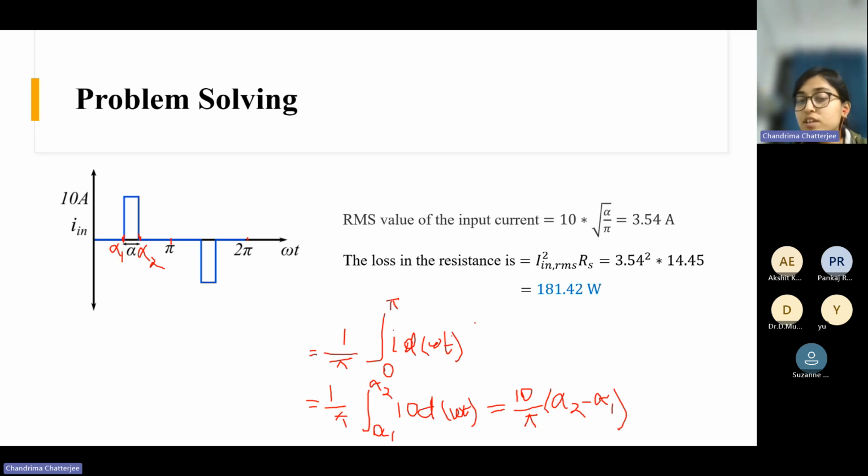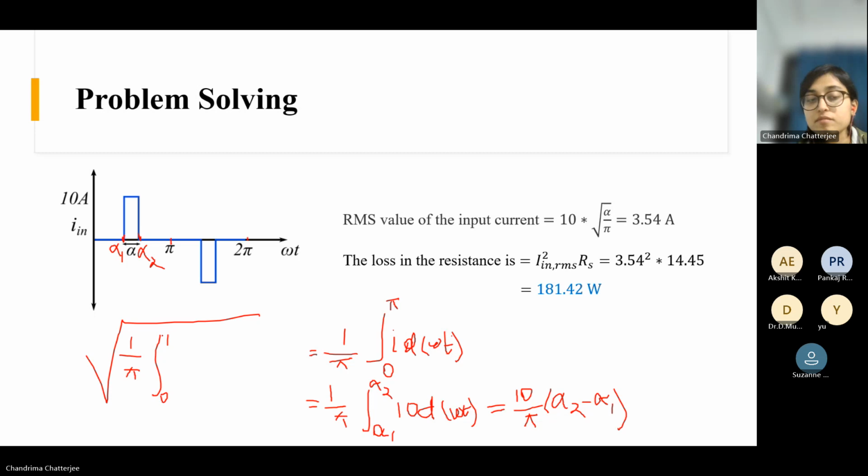And if you calculate the RMS current, you will get a root over here, because the RMS current is the root of, again, 1 by pi, from 0 to pi, and instead of I, it will be I square times d omega t.